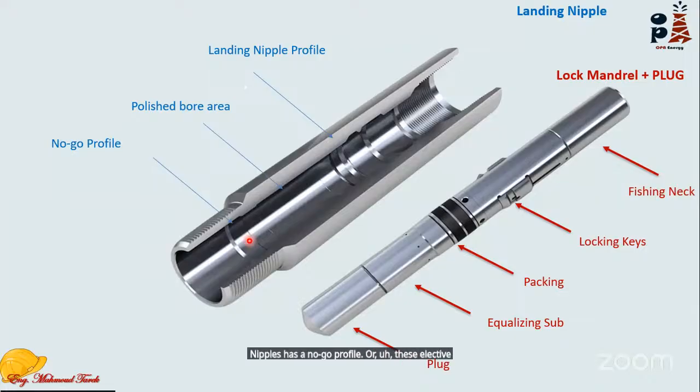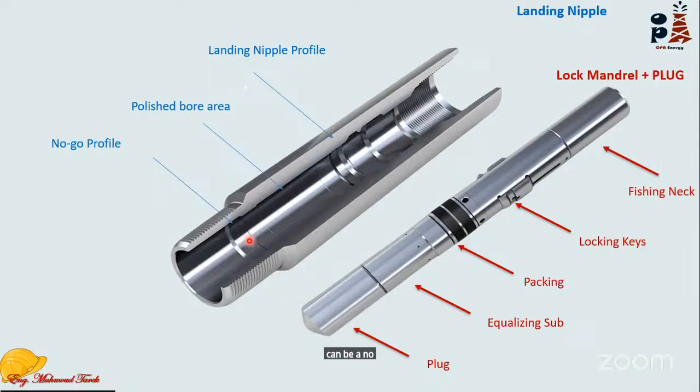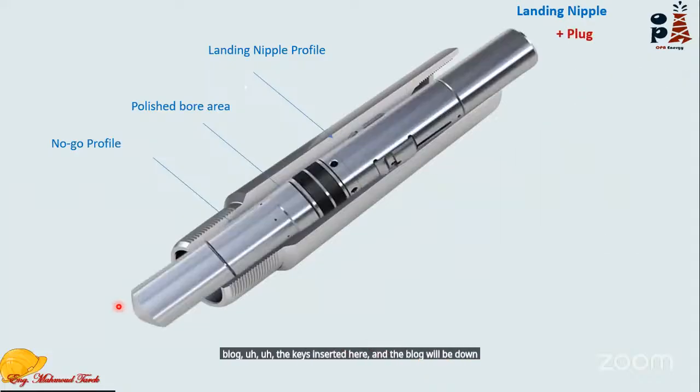There are two main categories of nipples: a no-go nipple or a selective nipple, and this will be discussed later in the course, inshallah. But till now, this plug will be fitted here inside the nipple, as we will see now. The keys are inserted here, and the plug will go down, as we see.